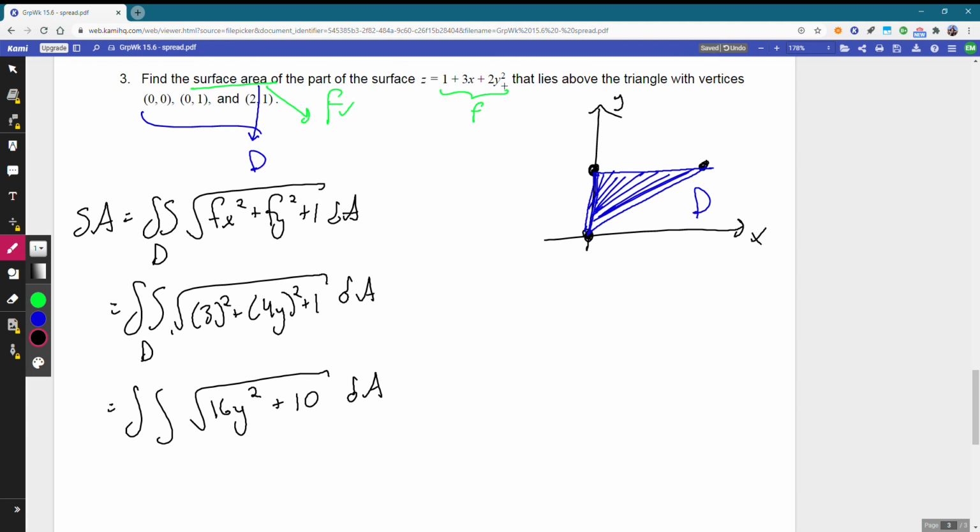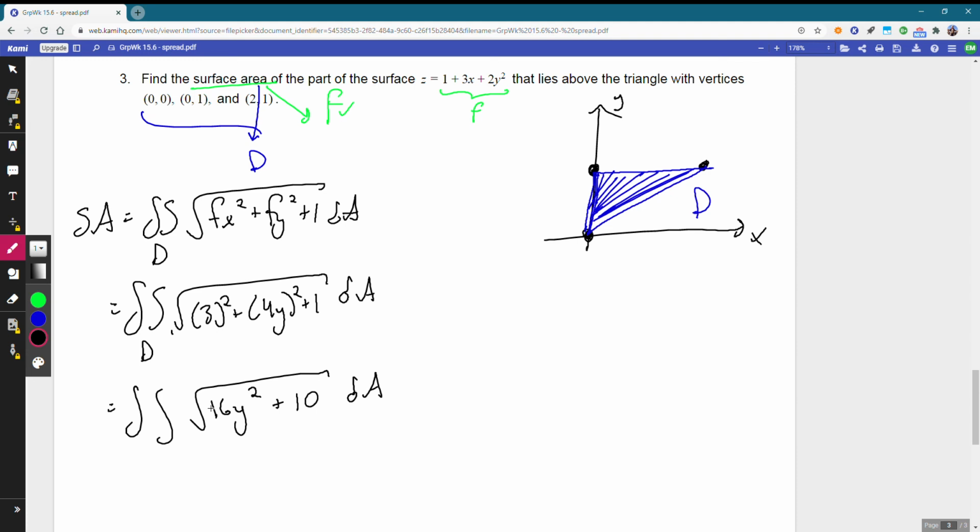And so thinking about coordinates to set this up, so here with our triangle, we could either set x and then move y, or we could set y, move x. However, looking at the function we need to integrate, if y is our variable, this is going to be a very tricky integration.